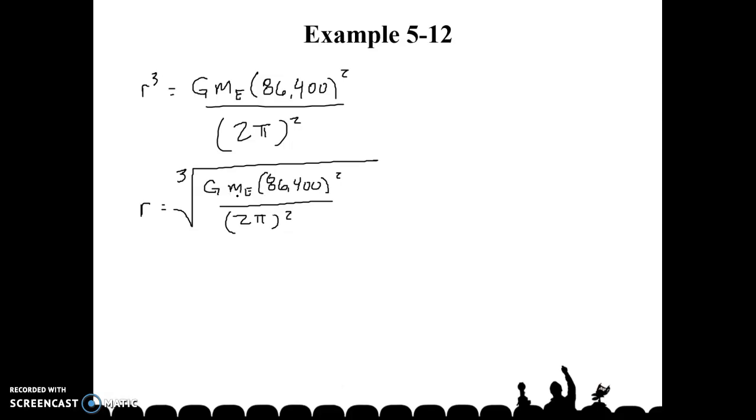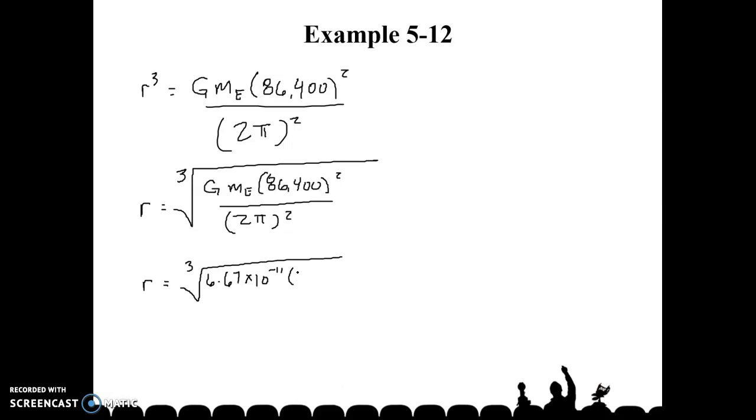Now, G is a constant and the mass of the Earth is a constant, so we just need to plug into those last couple variables, and we've got our answer. The radius is going to be the cube root of, so G is 6.67 times 10 to the negative 11th.